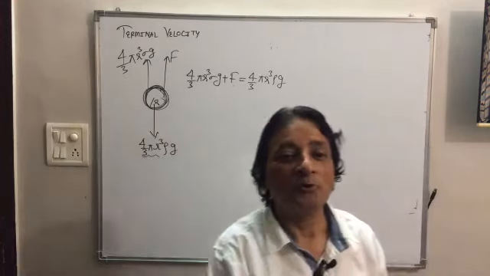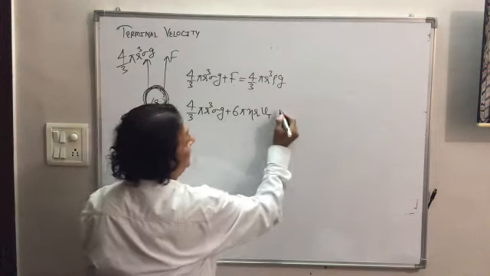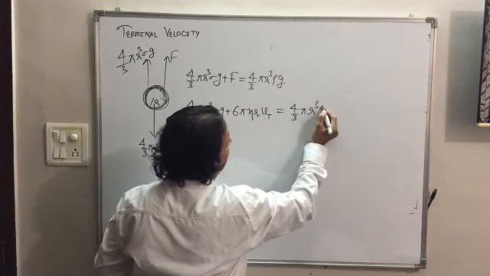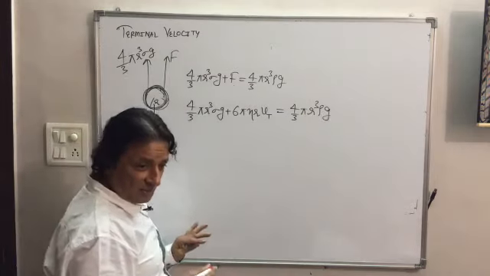So 4/3 πr³σg plus 6πηrvt, here velocity v instead vt, that is called terminal velocity, is equal to 4/3 πr³ρg.